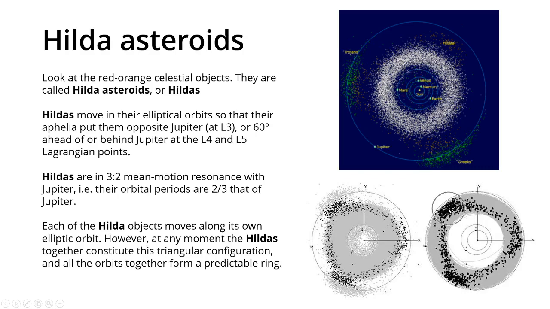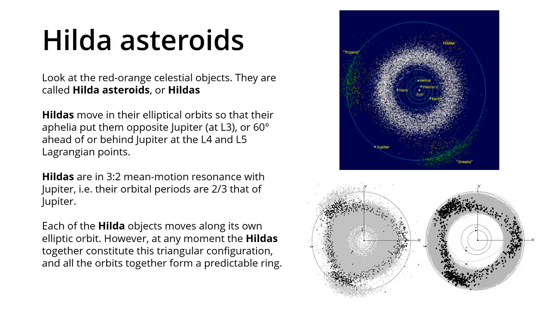This is L3, L4, L5, and L4. It looks like a stream of asteroids going through in a triangle shape. But actually each Hilda asteroid has an elliptical orbit. The first time I saw this, I thought, hey, this is an asteroid with a triangular orbit, which is pretty cool.